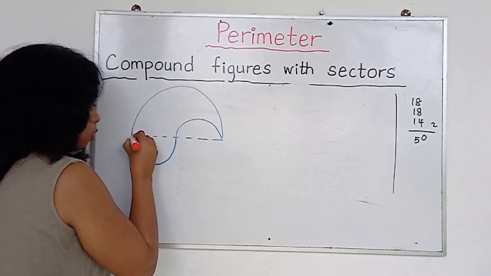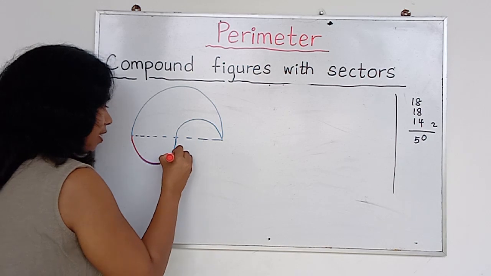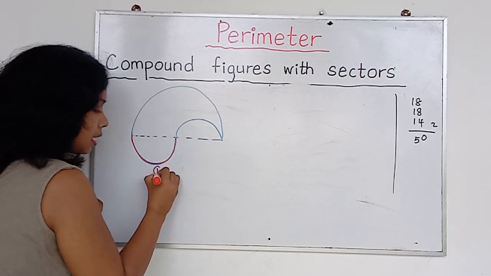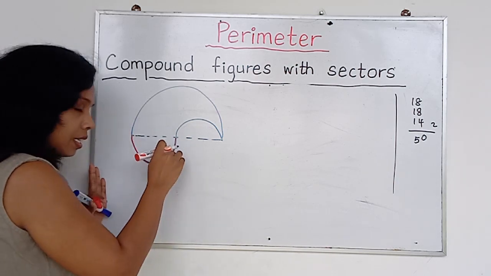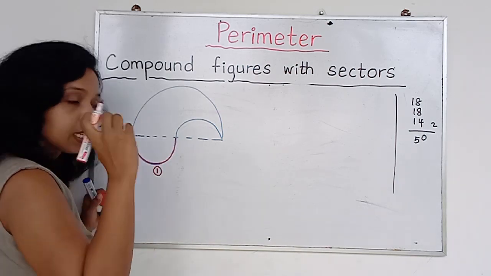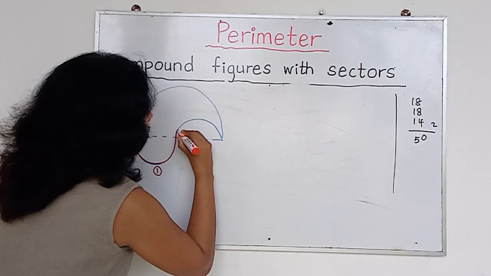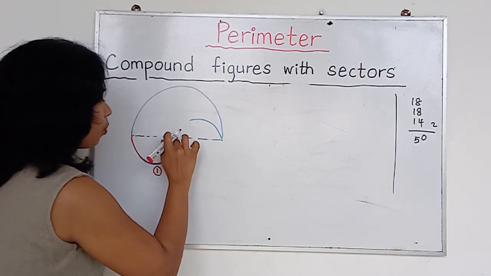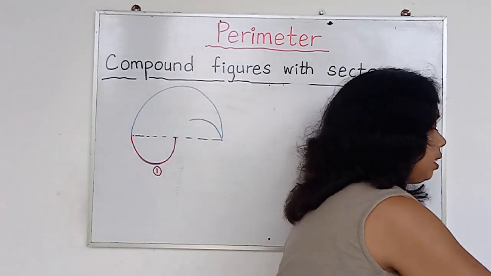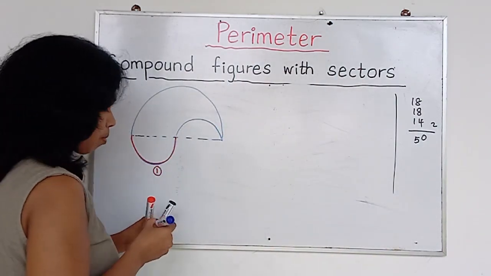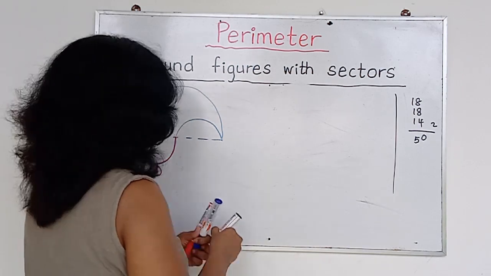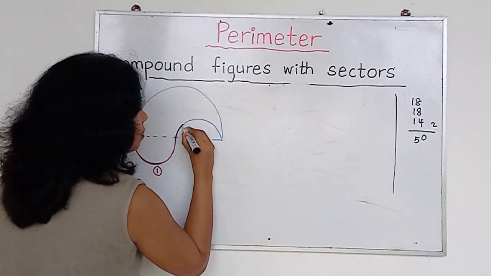Look at this. So this is the first one, right? I mark it as number 1. Understood? So they have given like this. So this is a half circle. What is the second half circle I can have? I'll mark it in a different color. Then you can find it. It's like this. This is the second half circle.